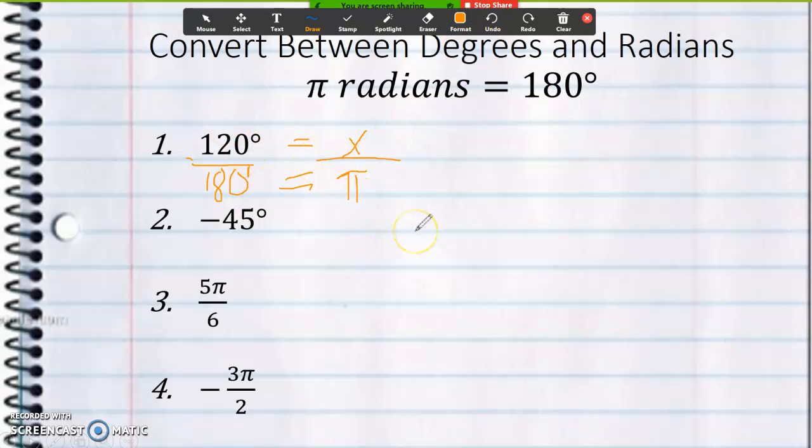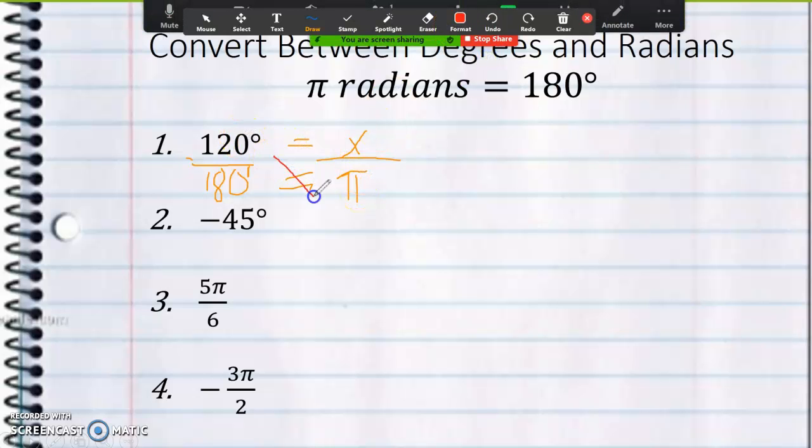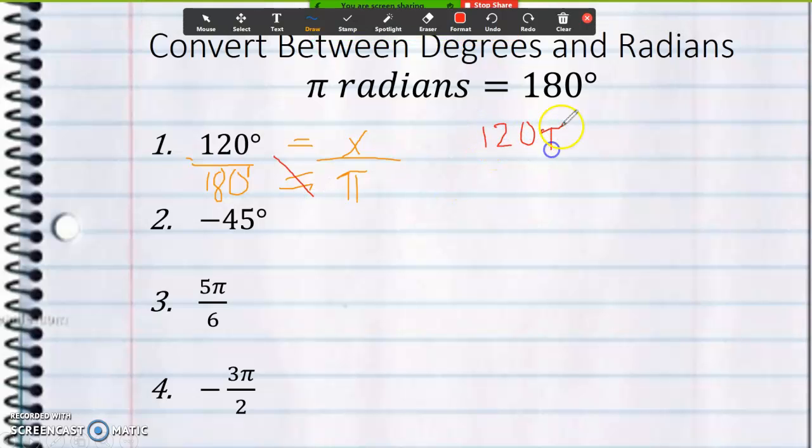Make sure when you're setting up your proportion that it's degrees divided by degrees, radians divided by radians. So if I cross multiply, 120 times pi is 120 pi, 180 times x is 180x. My next step is to divide both sides by 180 to get x by itself.